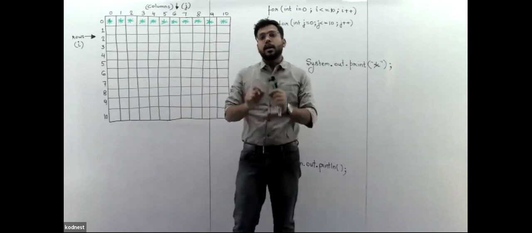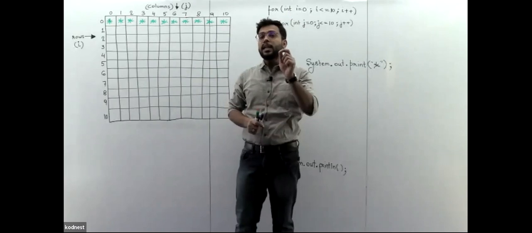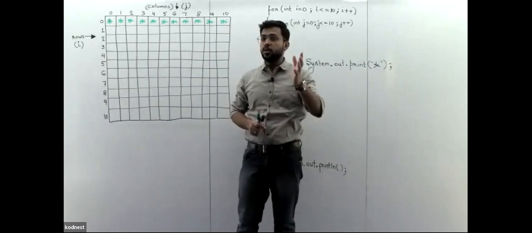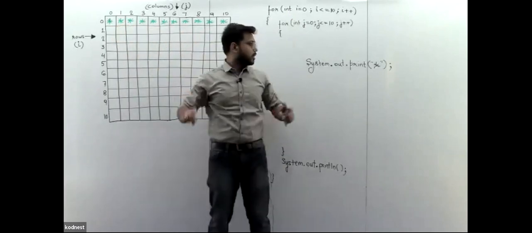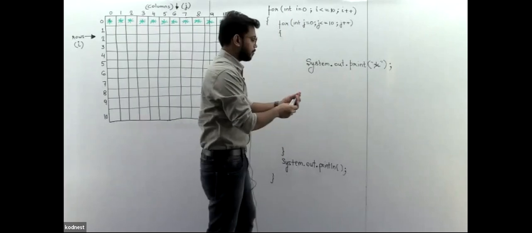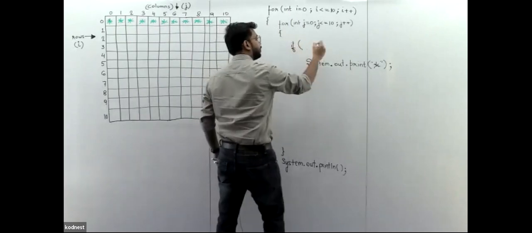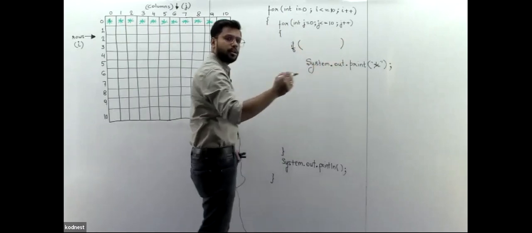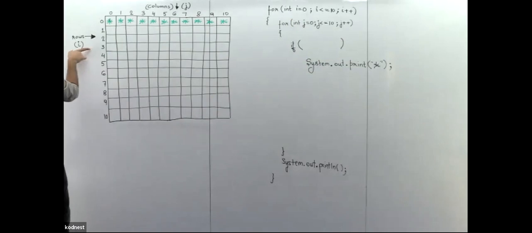But I want to print the stars only if, listen to these words very carefully, I want to print the stars only if the i value is 0.